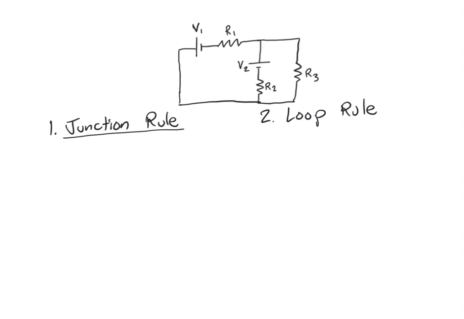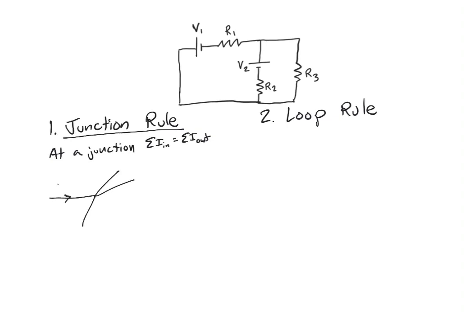What it says is that at a junction, the sum of the current into it is equal to the sum of the current out of it. So for example, let's say there's a junction where there's a wire here and there's a wire there and there's a wire here and maybe there's a wire there.